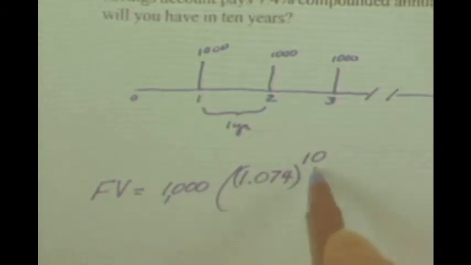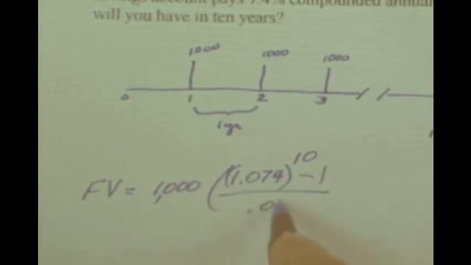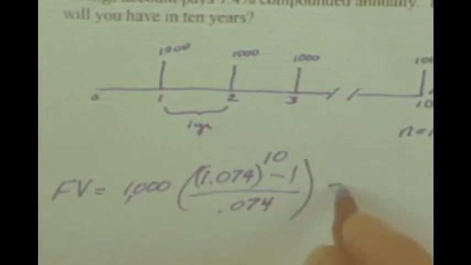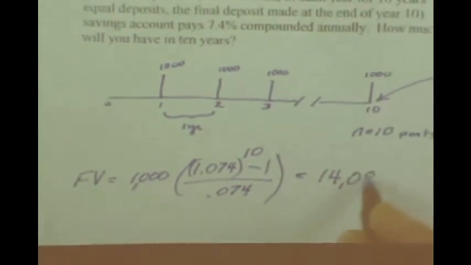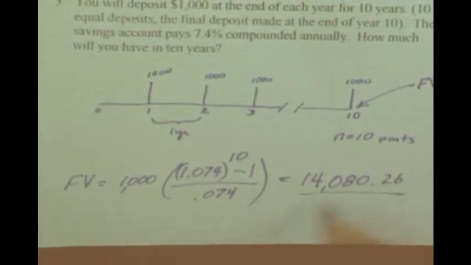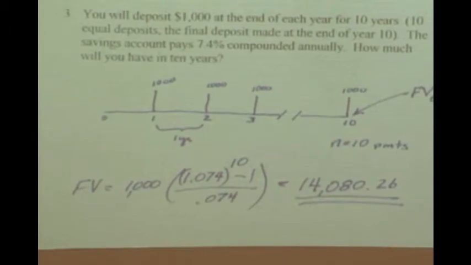N is 10, the number of payments, always. And the answer is $14,080.26.